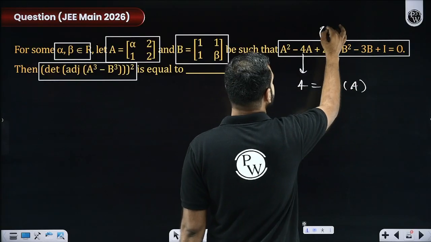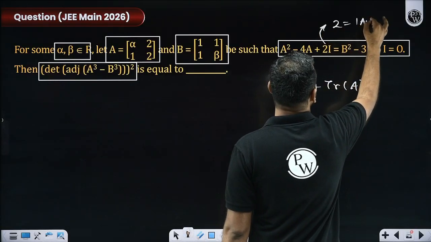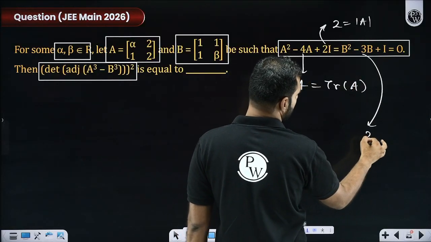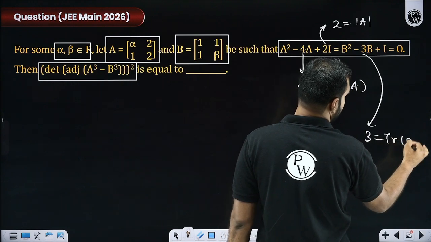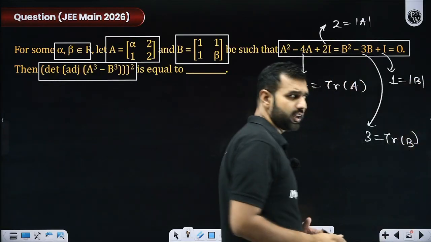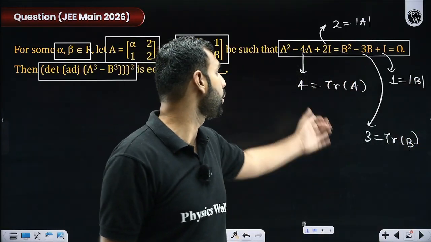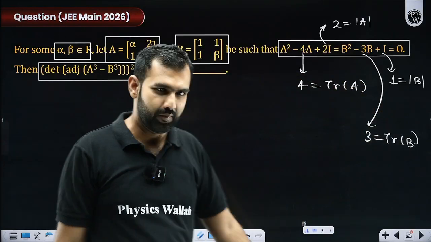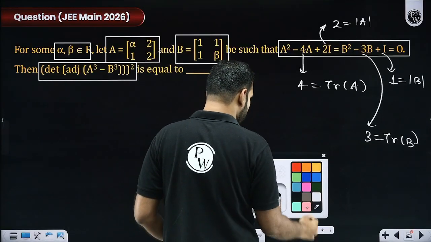Even if I ask you something else, 2 here will be determinant of A. Same here, this 3 here will be what? Trace of B, yes or no? And this 1 here will be what? Determinant of B. These all conclusions should be there in your mind the moment you read the characteristic equation of a 2 by 2 matrix. Everybody got that? I hope this is what you all already know.